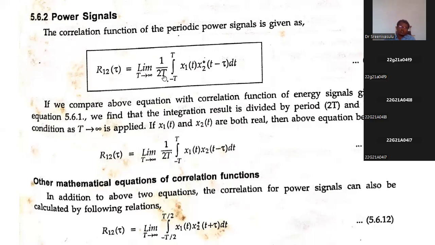The actual limit is from minus infinity to plus infinity, that's why we write the limit T tends to infinity of 1 by 2T times the integral from minus T to plus T of x1 of t. This formula is the same. The only thing is that for power signals we apply it to periodic signals. It is the continuous time formula.